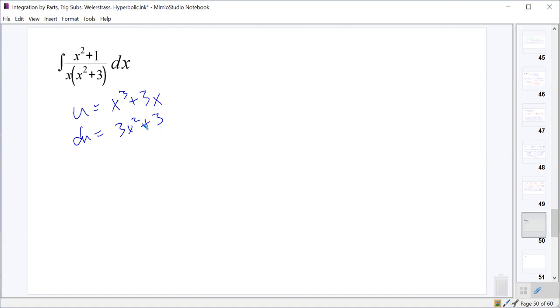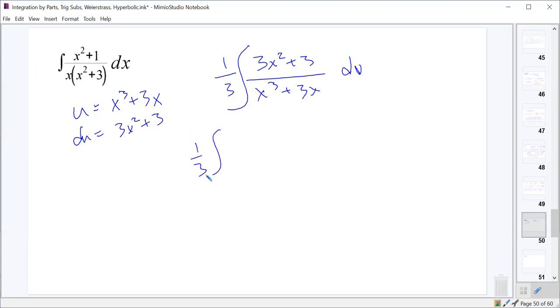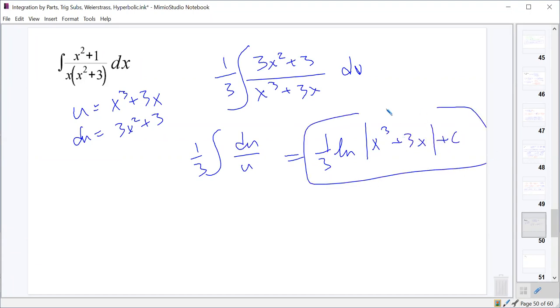And all I've got to do is put in a 3 in the numerator and a 1/3 on the outside. And I've got 1/3 the integral of du over u, or 1/3 natural log absolute value x cubed plus 3x plus our constant. Wasn't that nice?